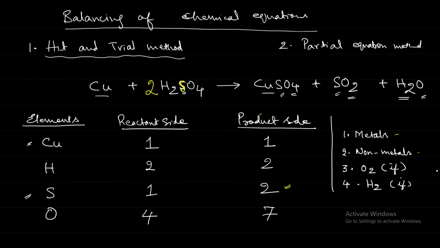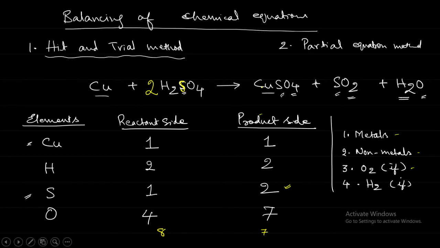After that, the next stage is to balance the oxygen. Let us see how many oxygens are there here. After we have put this 2, 4 twos are 8, so here oxygens are now 8, and here it is not changed: 4, 5, 6, 7 oxygens are there. Oxygens are 7.